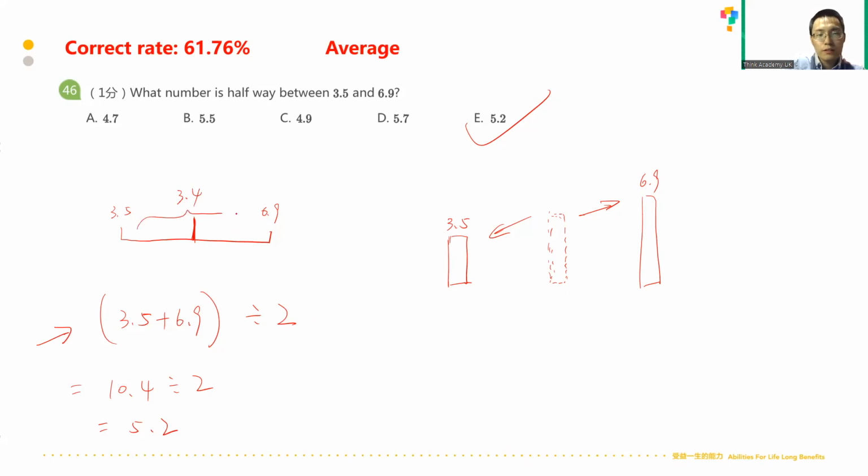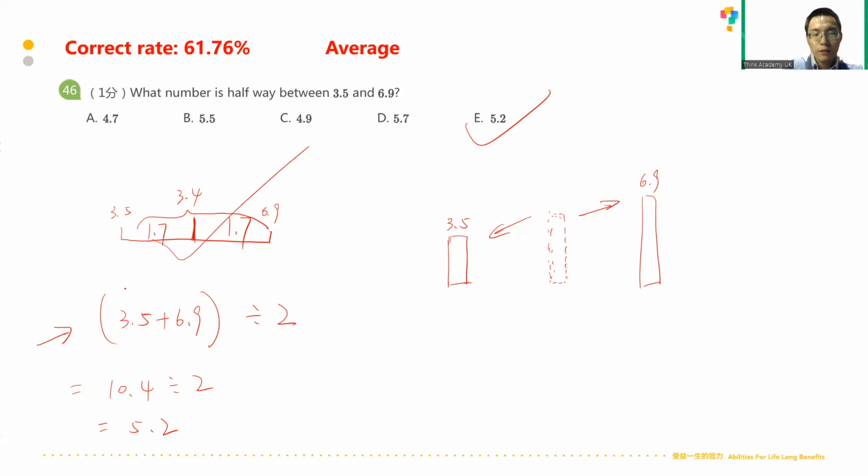Then you divide it by 2 because we want equal distance to 3.5 and 6.9. So 3.4 divided by 2 is 1.7 each. So the middle number is 3.5 plus 1.7 or 6.9 minus 1.7. That's definitely correct. Absolutely no problem.